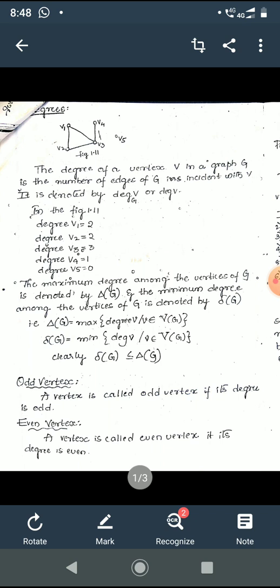That is, del of G is less than or equal to delta of G.